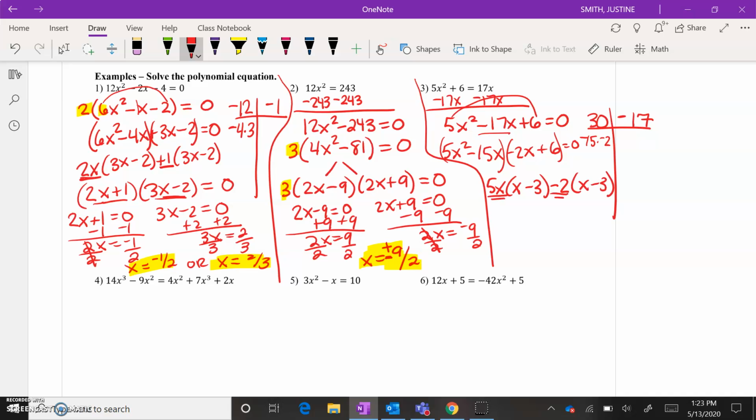So I have 5x minus 2 and x minus 3. Okay, so we're just going to set both of these equal to 0 and solve here. Okay, so I should get x equals 2/5 or x is equal to 3.